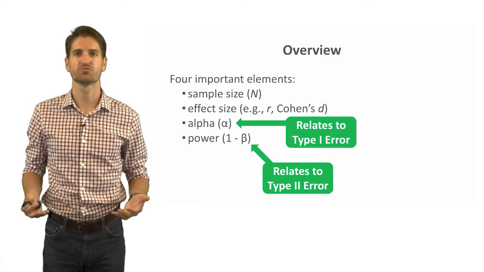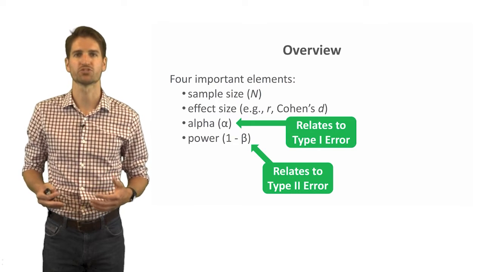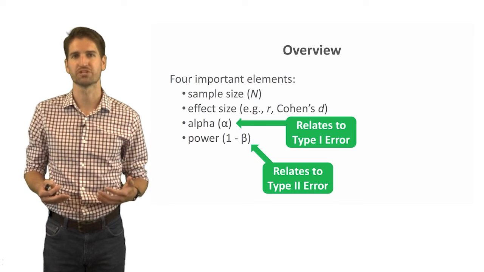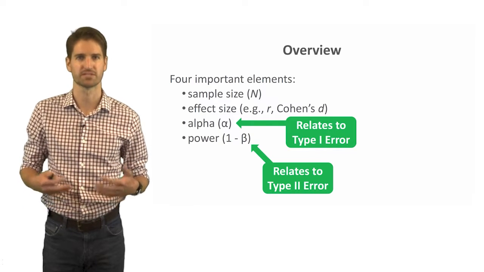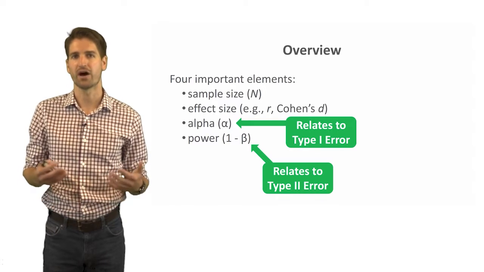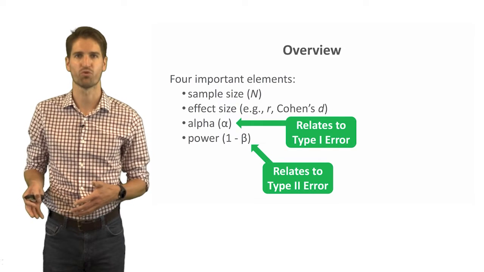So when it comes to type 1 error, which I'll explain in a second, this really corresponds to the alpha level that we set. And if you remember, that alpha level is really about what that threshold is going to be for our p-value, our test of statistical significance. Commonly, we set it at a two-tailed alpha of 0.05. And so that refers to what we call type 1 error.